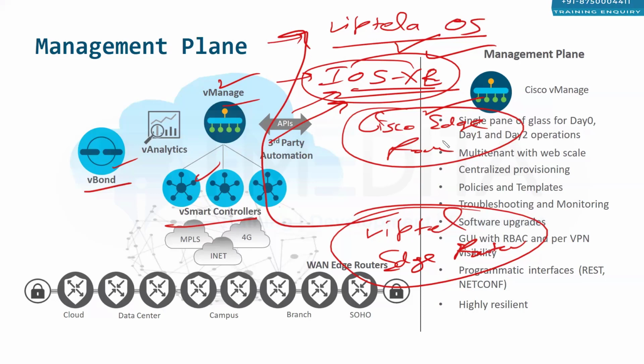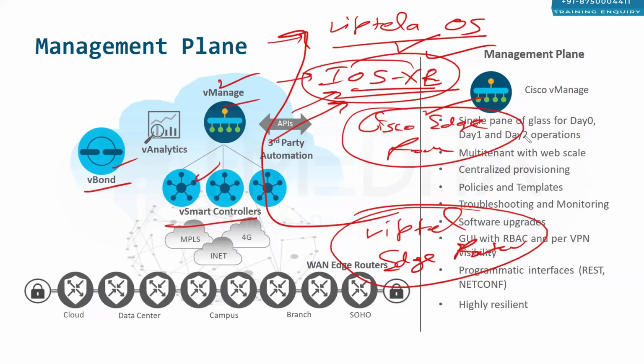Then you have the new Catalyst series of routers nowadays, right? Cisco launched a brand new series of routers called the Catalyst series. I will show you which series of routers support SD-WAN, and I'll give you that complete information.